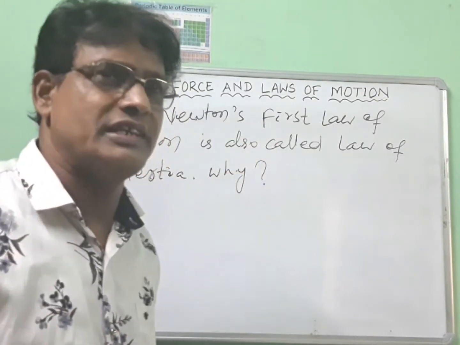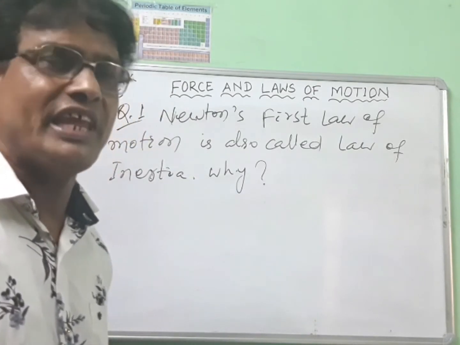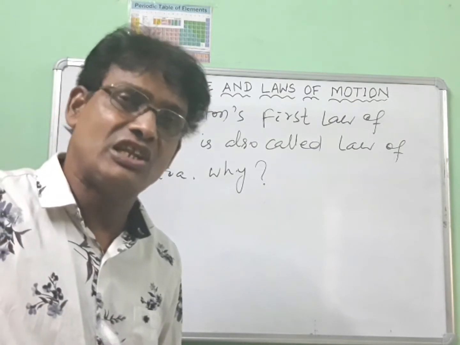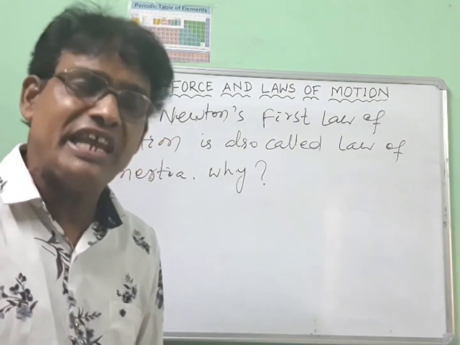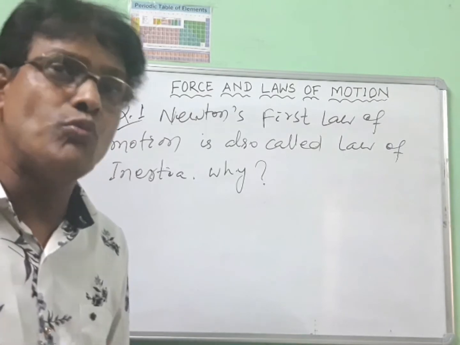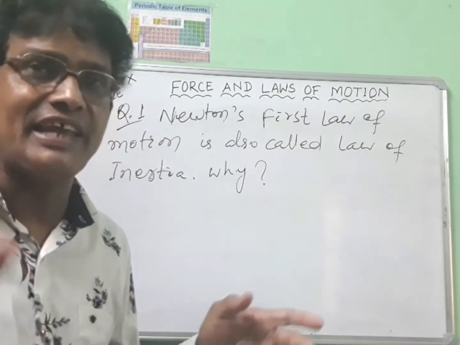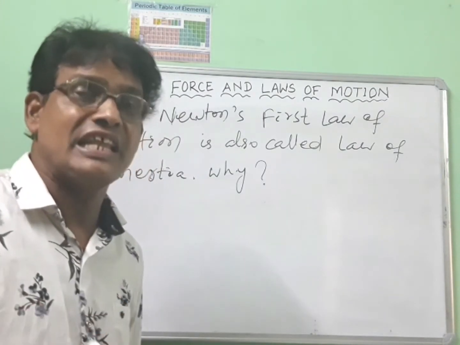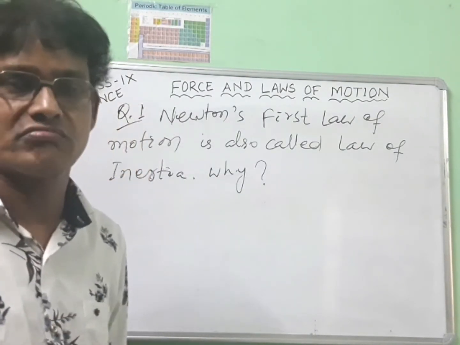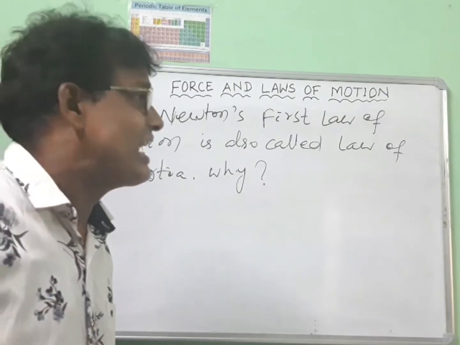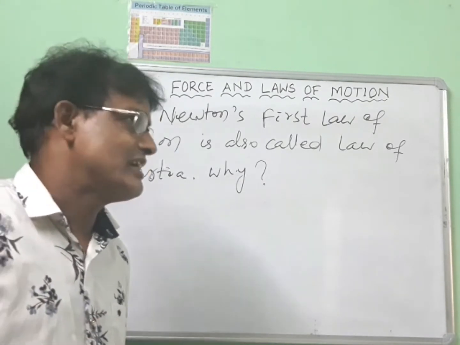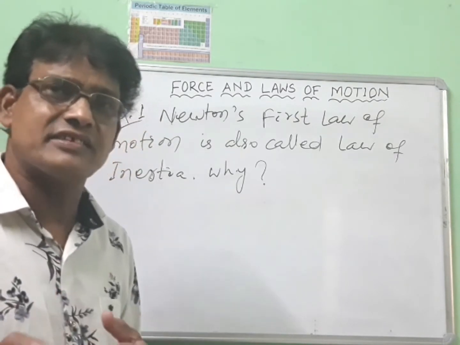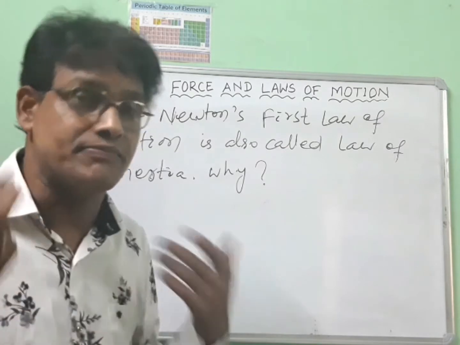According to Newton's first law of motion, a body at rest tries to remain at rest continuously, and a body in motion continues to move in a straight line in the absence of an external force. That is, a body cannot change its state of rest or of uniform motion by itself.